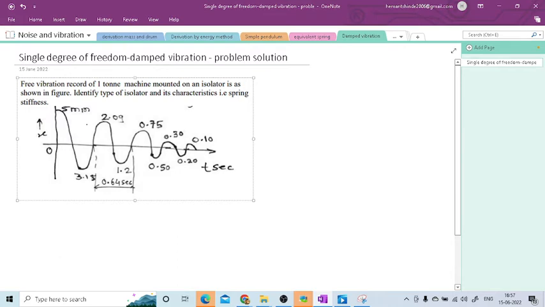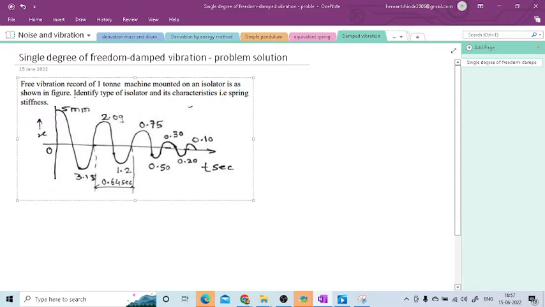In each cycle you can see the displacement: in the first cycle it is 5 mm, meaning the amplitude is 5 mm, in the second cycle it is 2, and in the third cycle it is 0.75. With respect to this graph we can determine the values which are required in the problem statement.